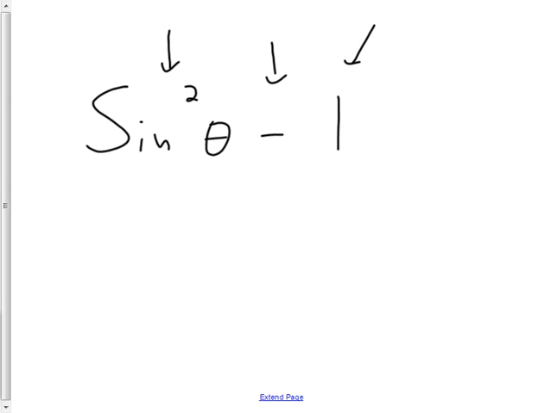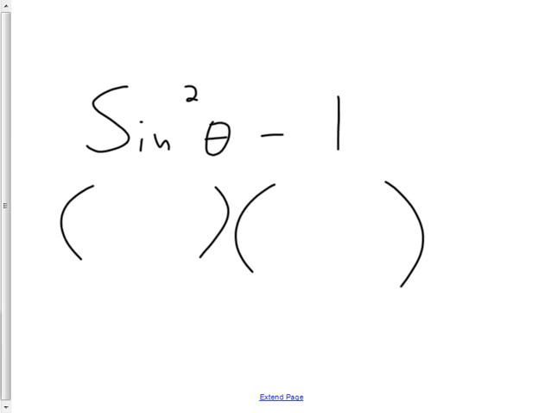Would it make you feel better if I put a squared there? 1 squared is the same as 1, right? Okay, so do you get that that one could be written as sine theta plus 1 and sine theta minus 1?